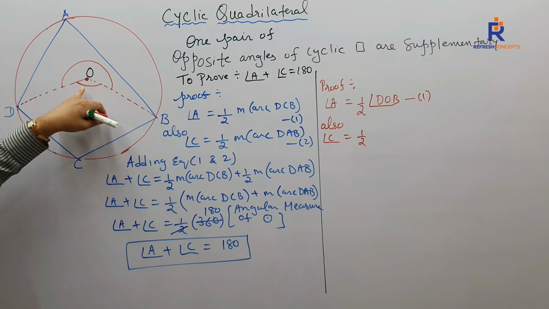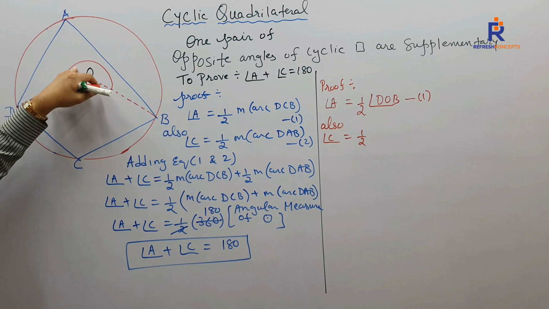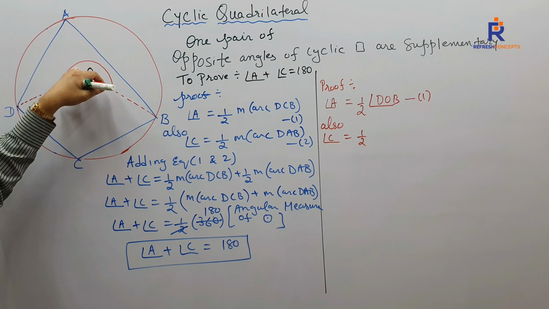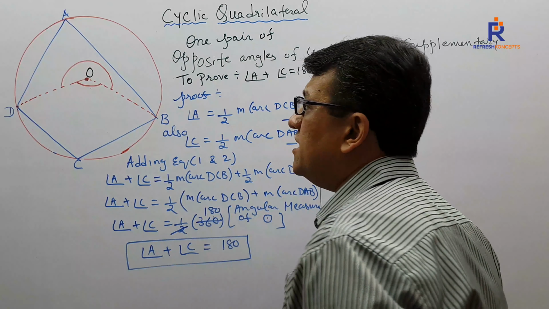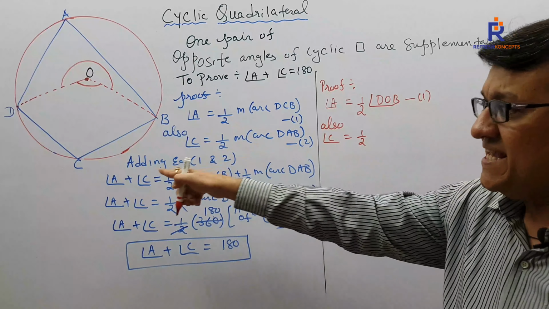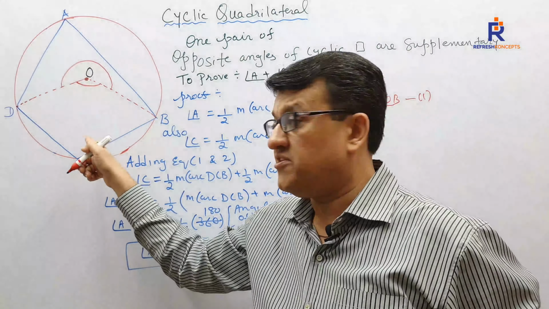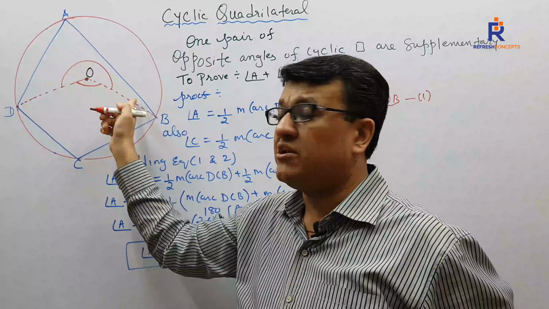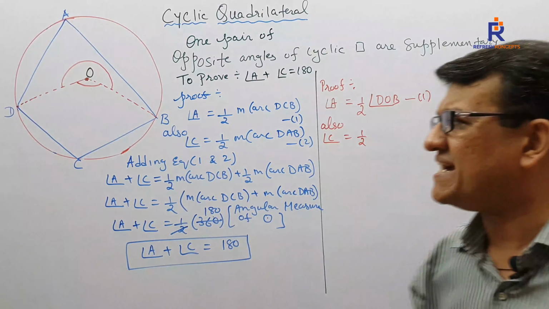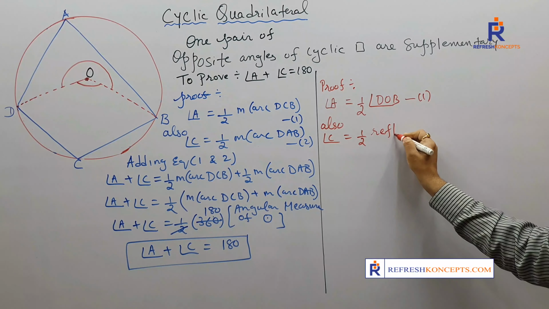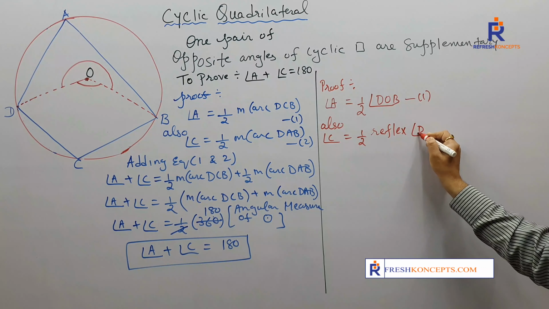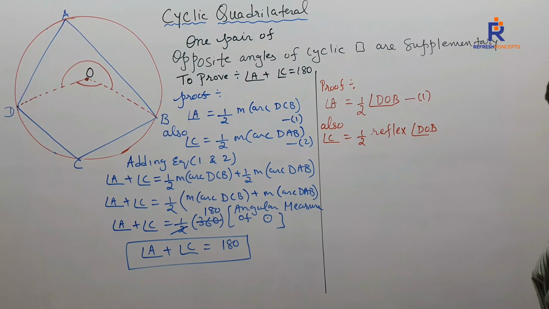So if this is angle DOB, this is termed reflex angle DOB. So angle C is half of reflex angle DOB.